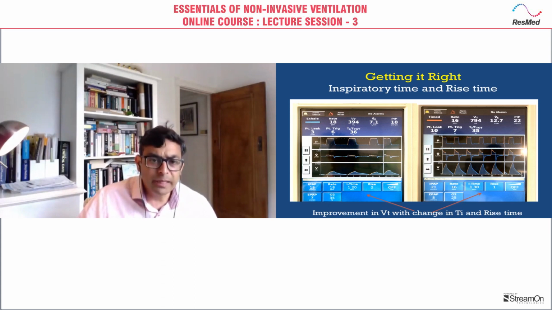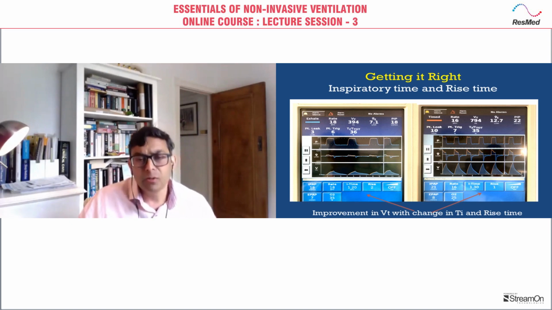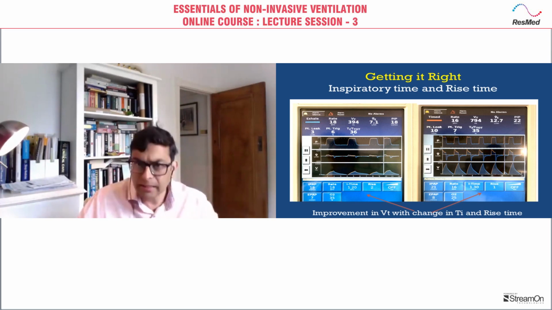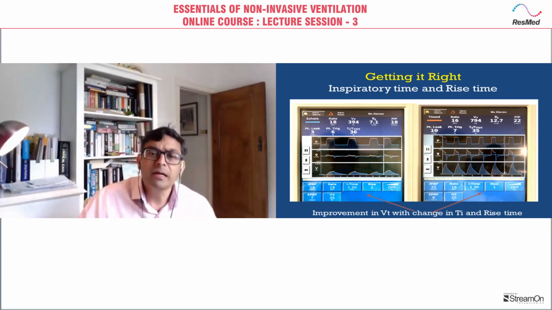So inspiratory time here is 1.1 second on the left hand side in the pressure control mode, whereas it is 1.2 second in the ST mode on the right hand side. So it's supporting the patient's breath a bit longer should the need be. However, what seems to have happened importantly is that with the patient allowed to drive the ventilator and set the pace himself, the pattern is much better.